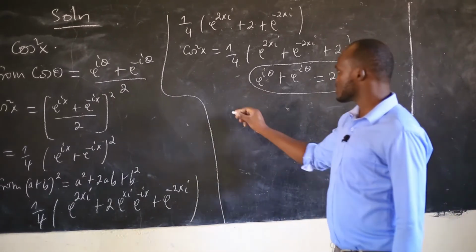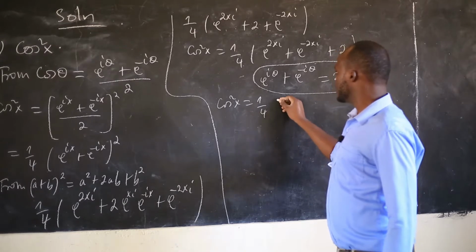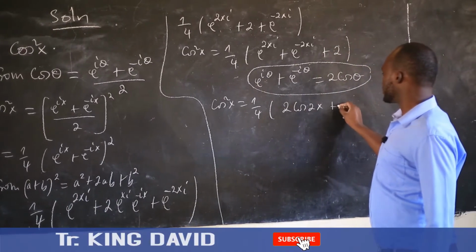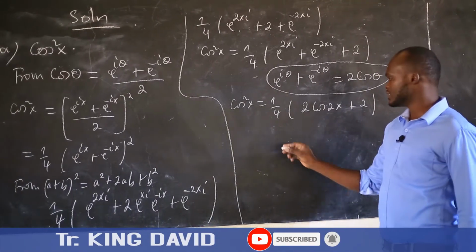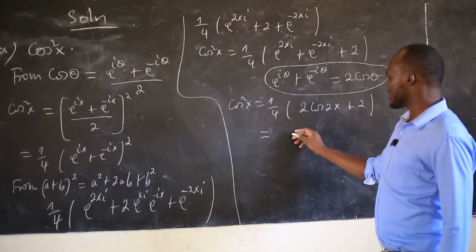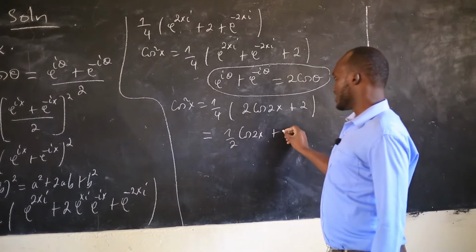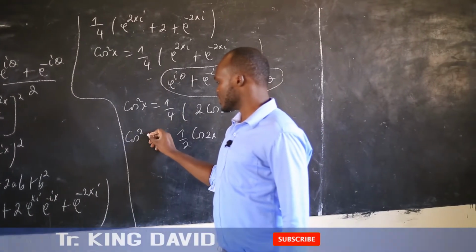Which means that cos squared x is the same as 1 over 4 into bracket 2 cos 2x plus 2. We just multiply 1 over 4 into the bracket. We get 1 over 4 times 2, that is a half, cos 2x plus a half. So that's the value of cos squared x.